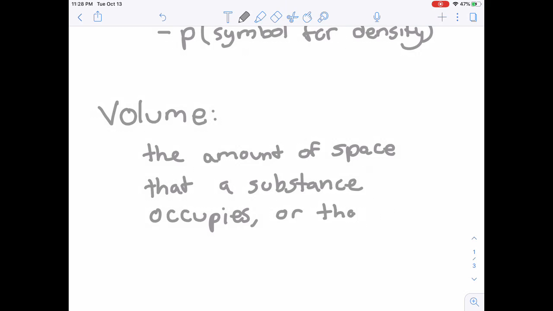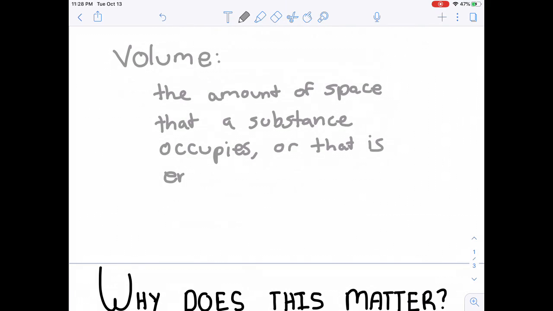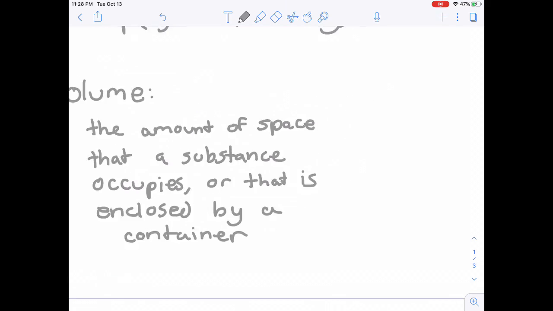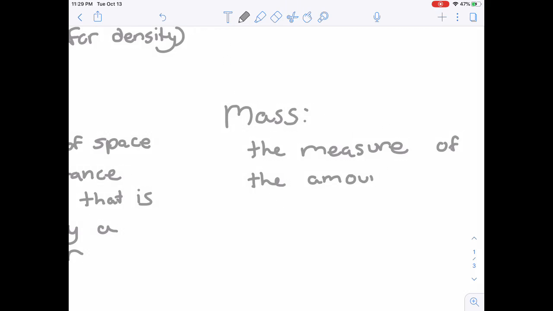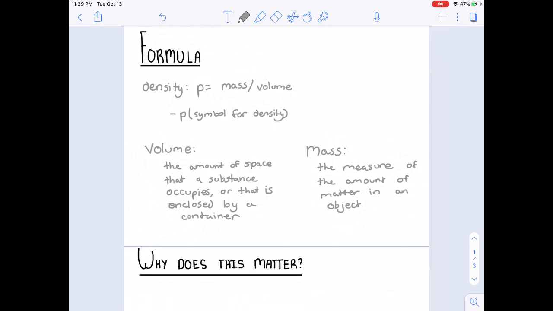It is a three-dimensional quantity and can be used to measure any substance, solid, liquid, or gas. So now moving on to mass. What exactly is mass? So mass, simply put, is just the measure of the amount of matter in an object. Mass determines gravitational strength and is also key to buoyancy.